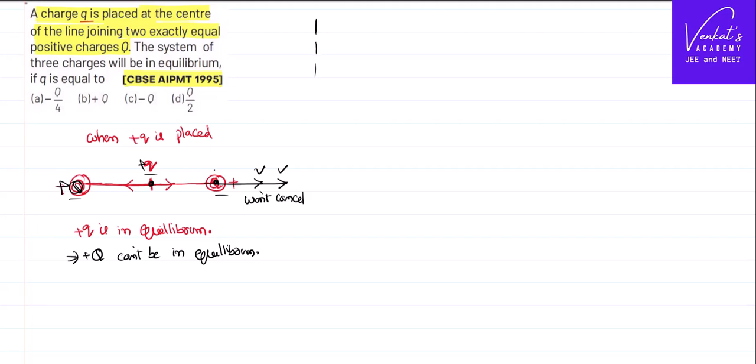So, let me see what happens when I keep a negative charge in between them. We have plus Q, another plus Q, and in between let us keep a negative charge. On this negative charge, this positive charge applies an attraction.